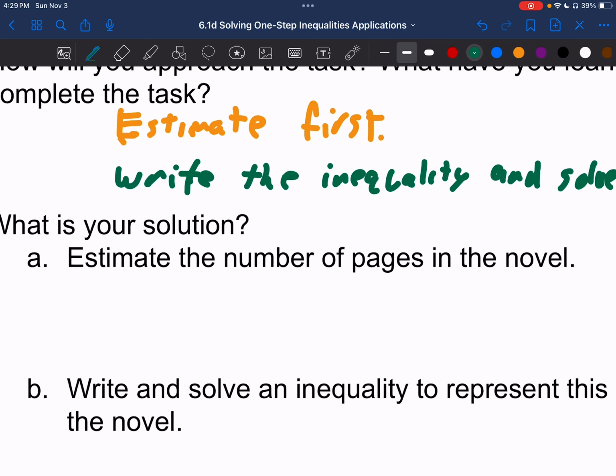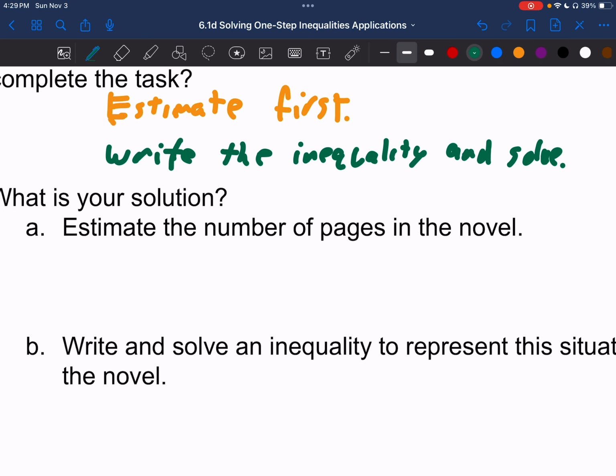So let's take an estimate. If we know that we've read a quarter of the novel and it's been 112 pages so far, I could make a rough estimate and say a quarter times 100 would give me ballpark 400 pages. That'd be the neighborhood that I'd be in.